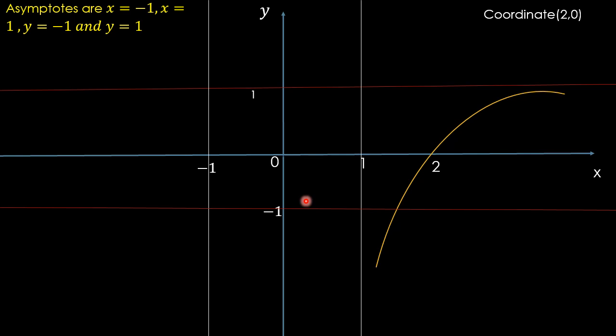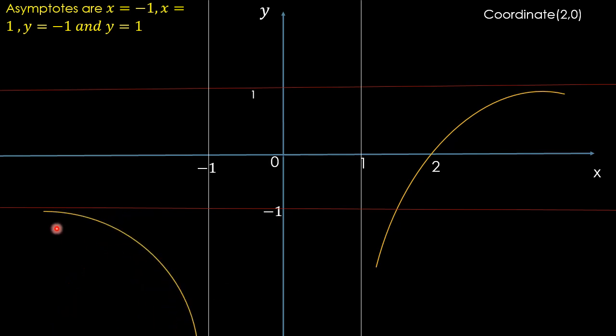Good. So now guys, likewise we can see that the limit as x was coming towards 1 from the right hand side, y was going towards negative infinity. That's why the graph has this shape. Then now, as the limit as x was coming towards negative 1 from the left hand side, where was y going to? Y was going towards negative infinity. So we are going to have our curve in this direction.